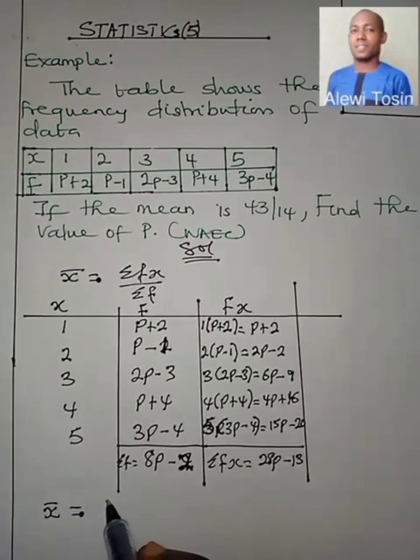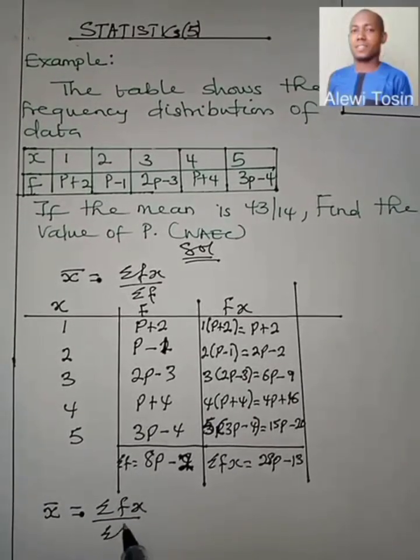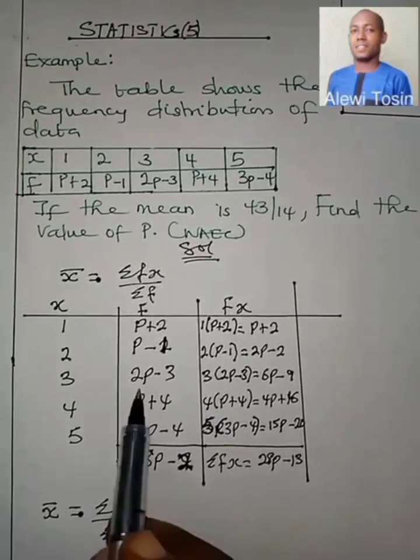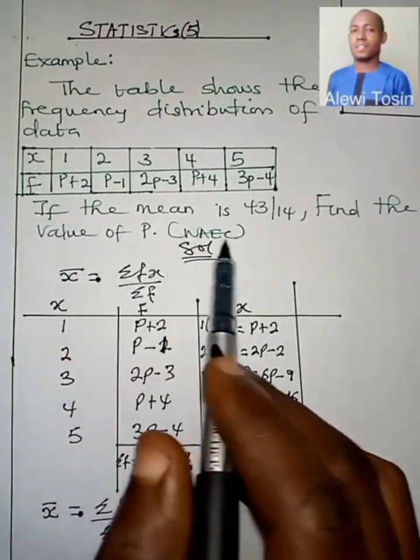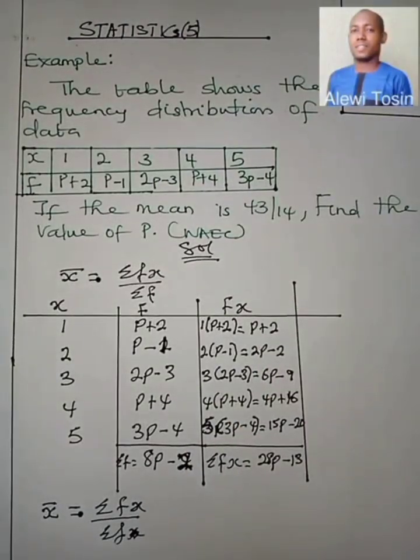Now, back to the formula we are applying, where we said mean equals summation fx over summation f. Recall that from the question we were told that the mean is 43 over 14.